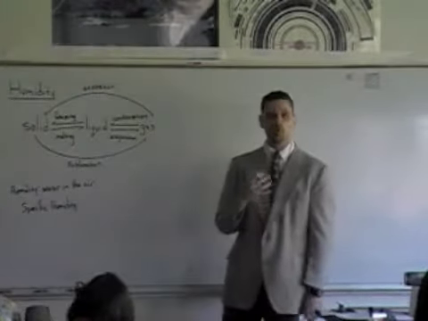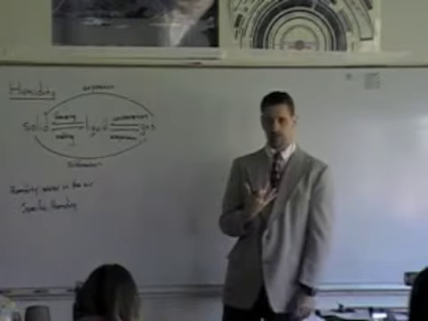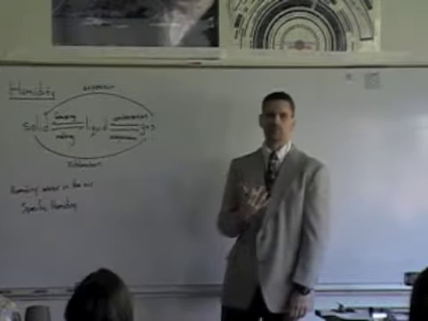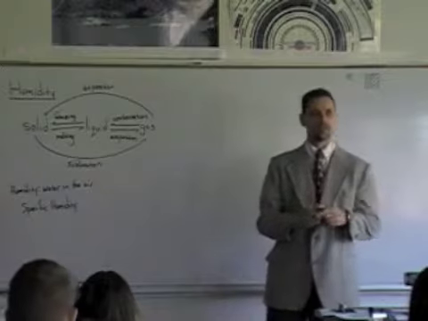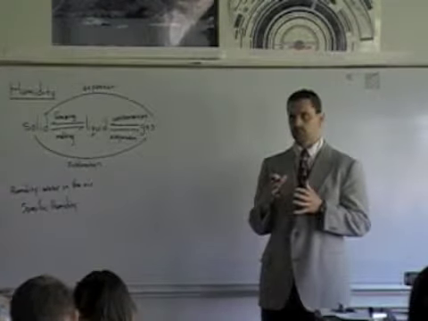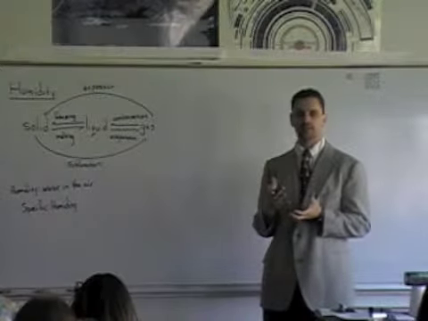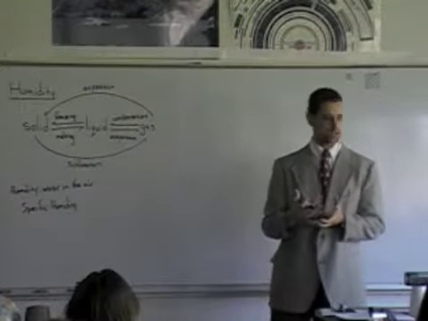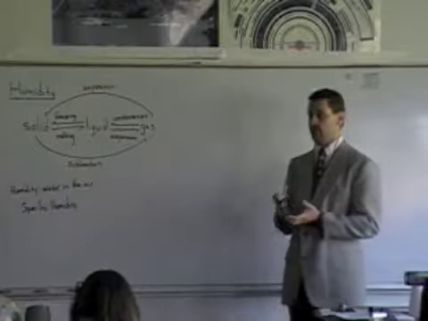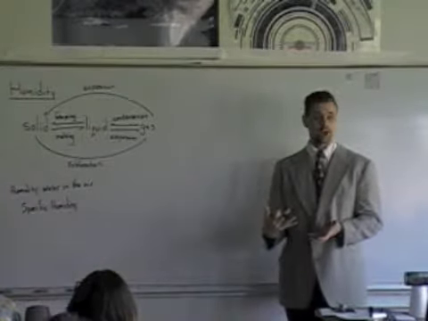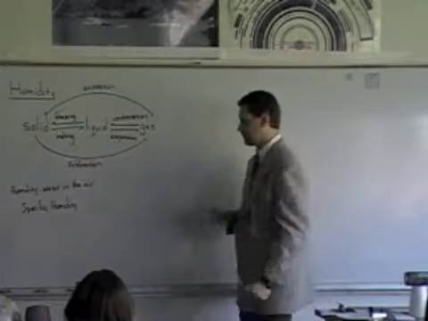that actually tells you the weight or the mass of water in the air. How would we measure it? Well, I could say, for example, the specific humidity of the air today is 1 gram per kilogram. And what that would mean was, in 1 kilogram of air, 1 gram of it would be water.